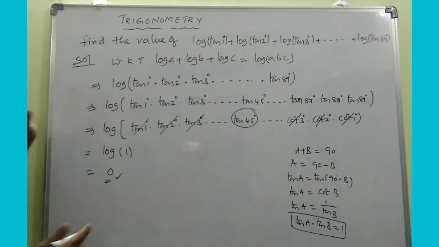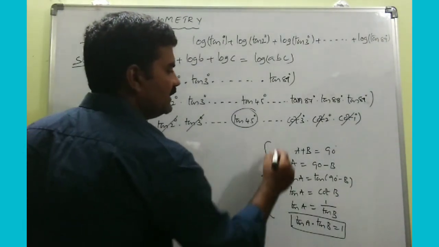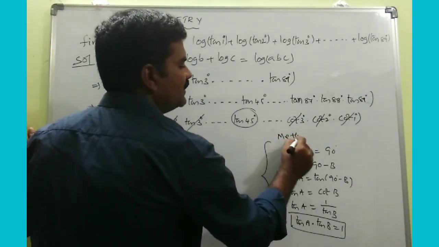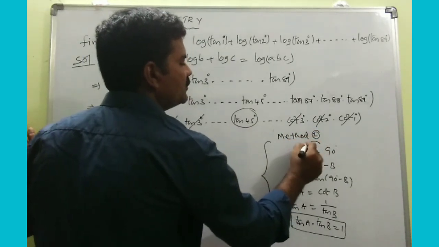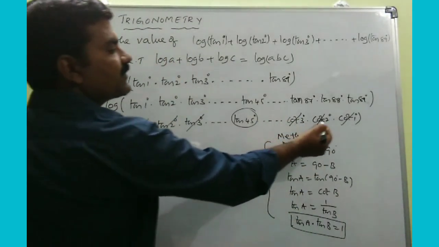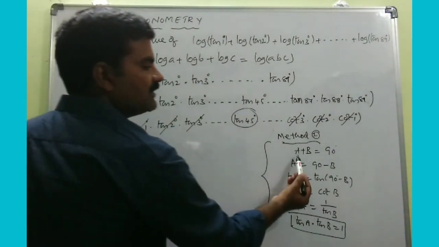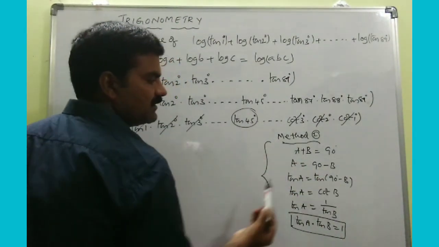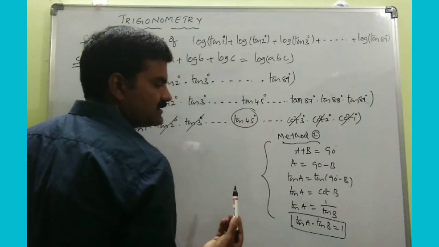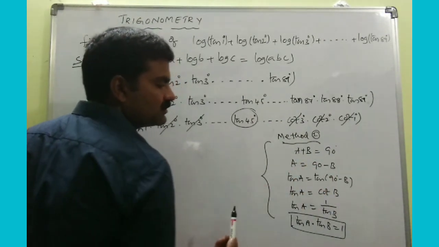If not this way, you can also solve the same problem by method 2. What is method 2, you know? See, no need of changing in terms of cot here. If the sum of two angles is 90 degrees, I mean A plus B is equal to 90 degrees, send one of the angles to that side.